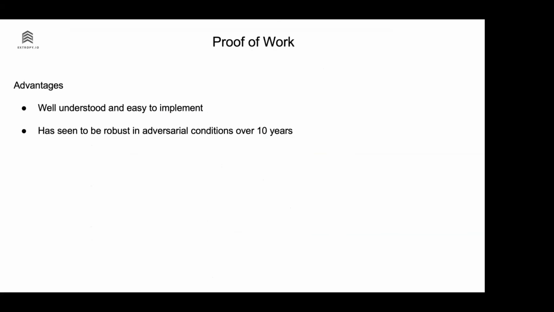It's easy to do a hash function, and it has worked very well. It has secured the Bitcoin network for more than 10 years, and the Ethereum network for 7 or 8 years now. And it has been very robust, despite the fact that people have tried to exploit it.